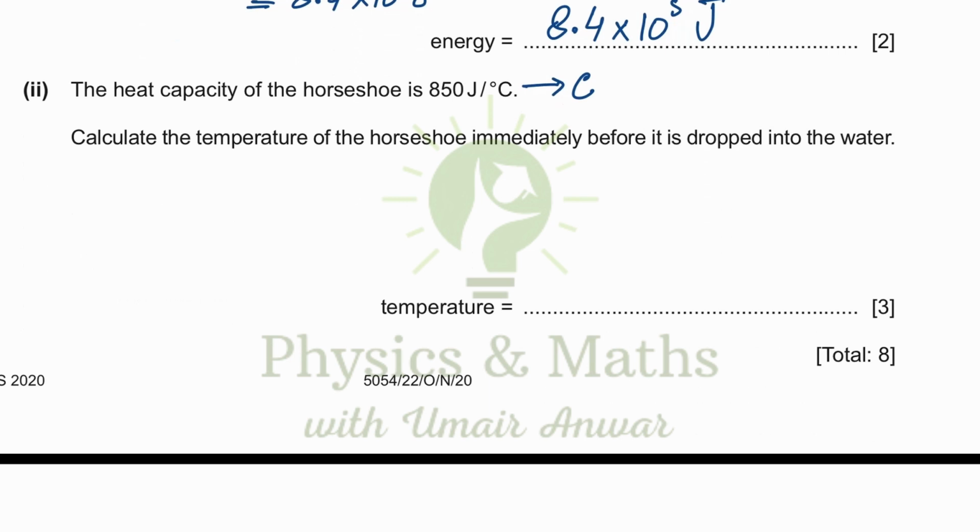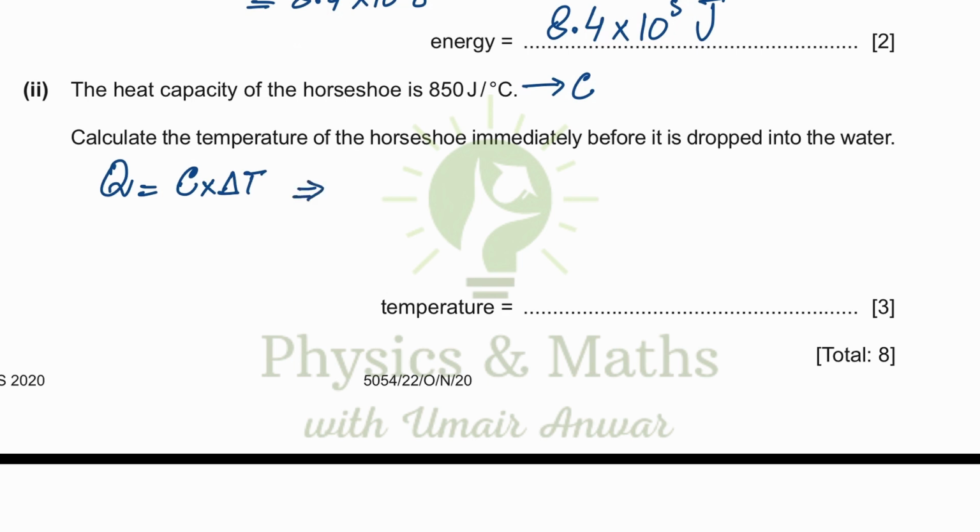Calculate the temperature of the horseshoe immediately before it is dropped into water. So the formula for heat capacity is capital C multiplied by delta T or delta theta, the change in temperature.